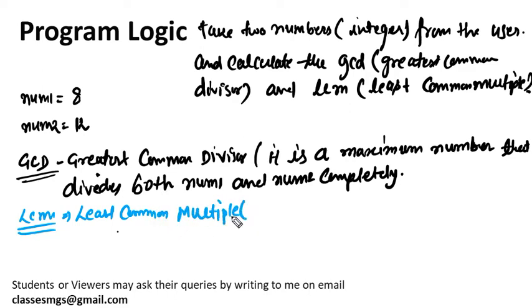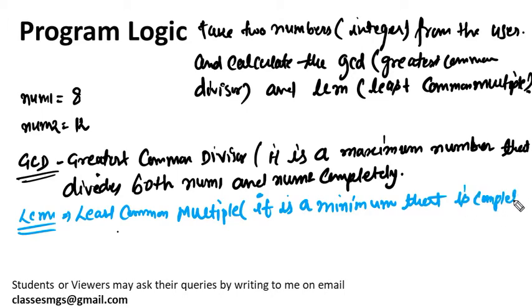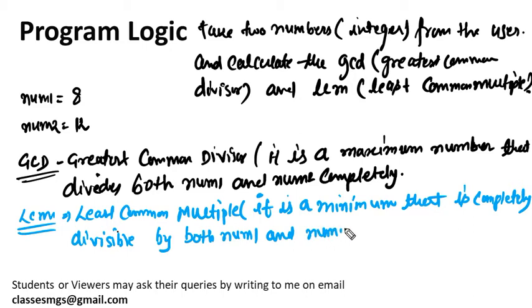Least common multiple means it is a minimum number that is completely divisible by both number 1 and number 2.